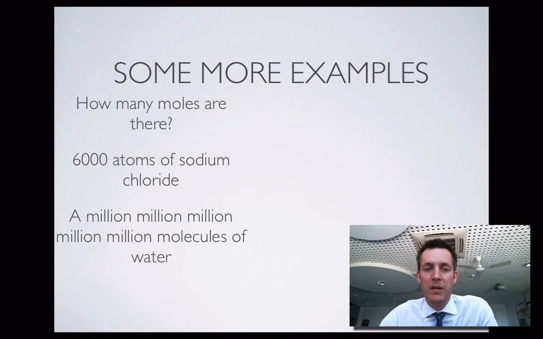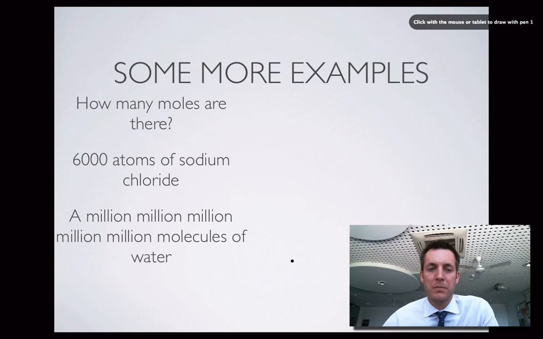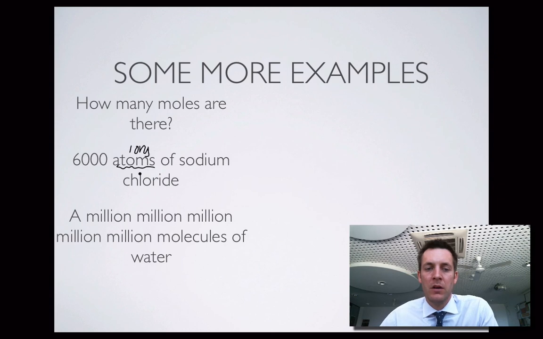Moving on. How many moles are there in 6,000 atoms of sodium chloride? This is a bit of a bad question because it should say ions here. If I have 6,000 ions of sodium chloride, remember, sodium chloride is NaCl, so I've got 3,000 particles of sodium chloride.